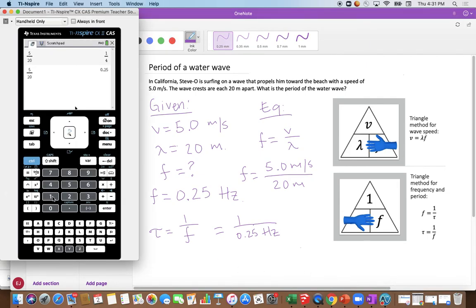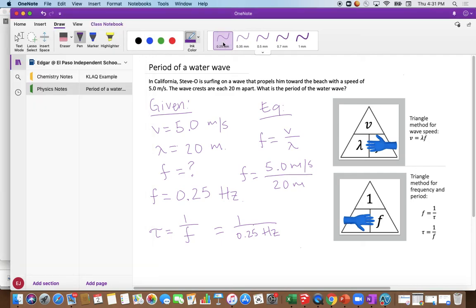That would be 1 divided by 0.25. The answer is 4. Period equals 4.0 seconds. And that is the answer.